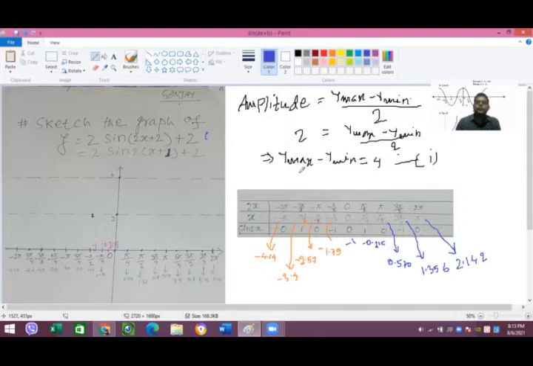So c is given by y maximum plus y minimum, and the whole thing divided by 2. So you will have another equation like y maximum plus y minimum equals 2 again. If you transpose towards this side, then that is going to be 4 again. So say this is equation 2.